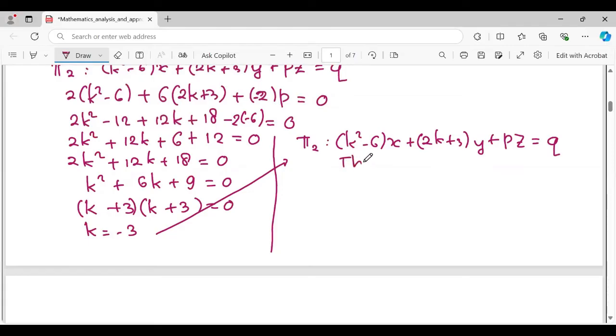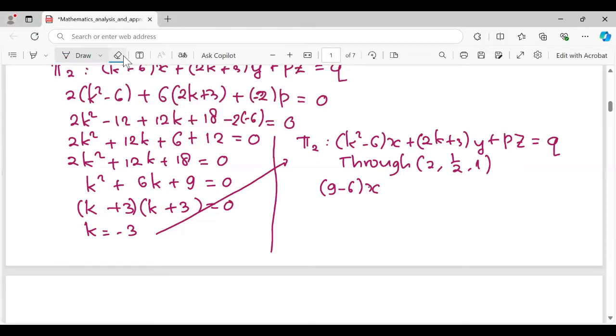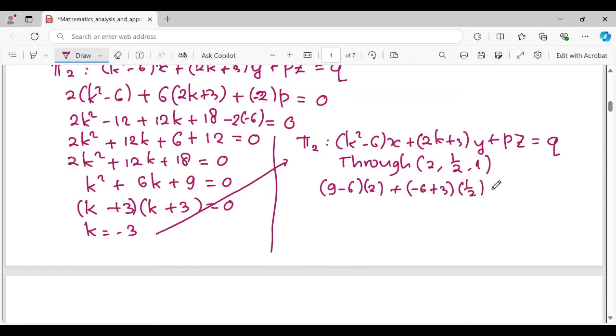So it becomes 9 minus 6, times x, where x equals 2, plus 2 times minus 3 plus 3, times y where y equals half, plus p, which equals minus 6, times z, where z equals 1, equals q.